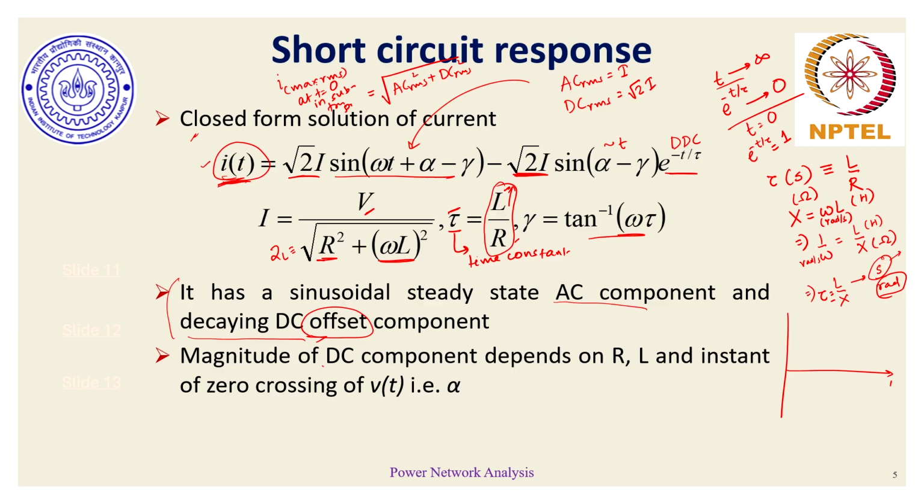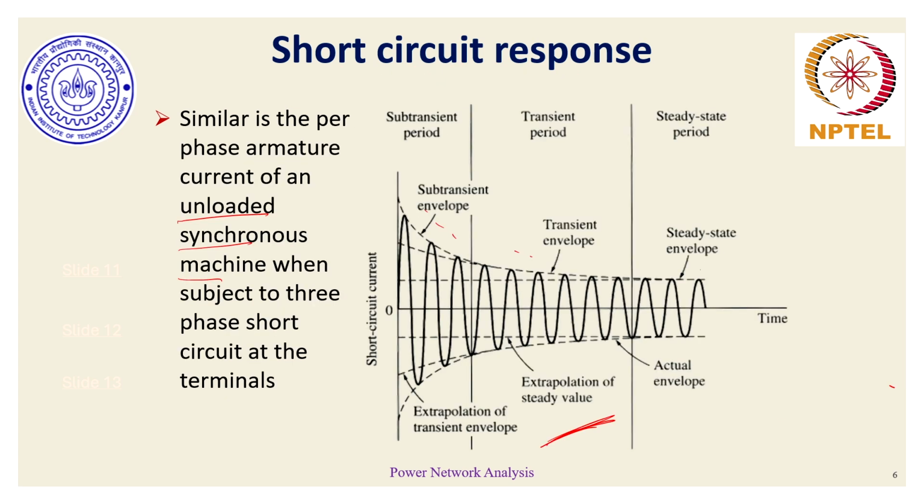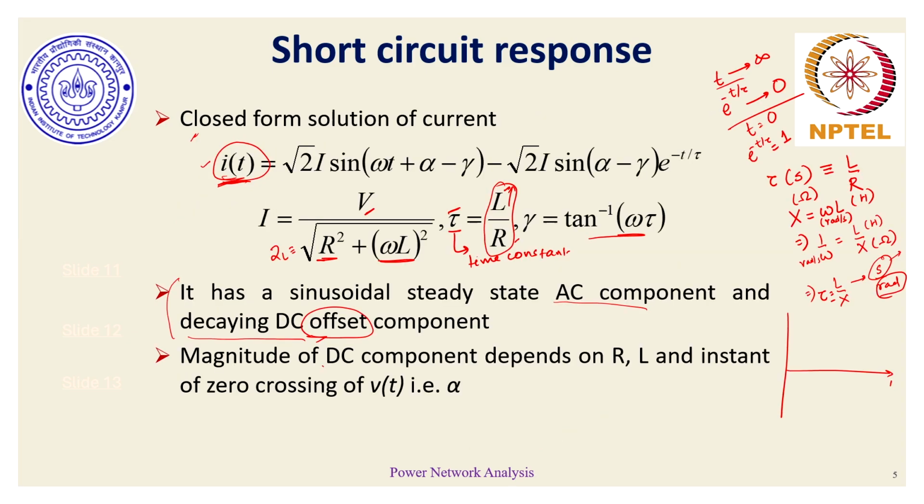So you have to take the square of the individual RMS components, add them up, and then take the square root. So we have I square plus 2I square, since DC RMS is root 2 I, which gives us I root 3. This is the maximum possible RMS current which can be observed at t equal to 0, just after a fault in the subtransient period, for a series RL circuit or for an unloaded synchronous generator.